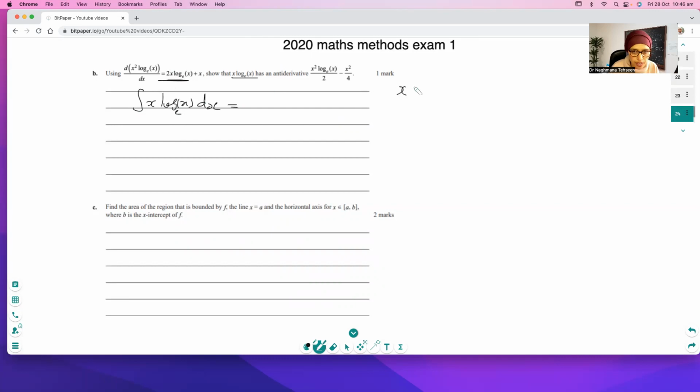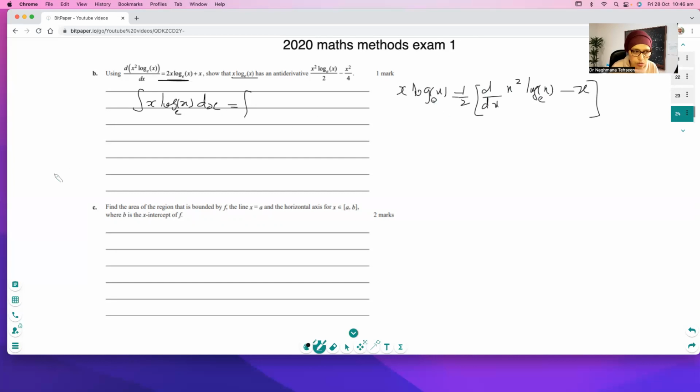Can I say that x log e x is equal to what? Take this on the other side. It would be d over dx of x squared log e x minus x, and then 1 over 2 at the front is equal to this. So we can rearrange that equation and write it like that.